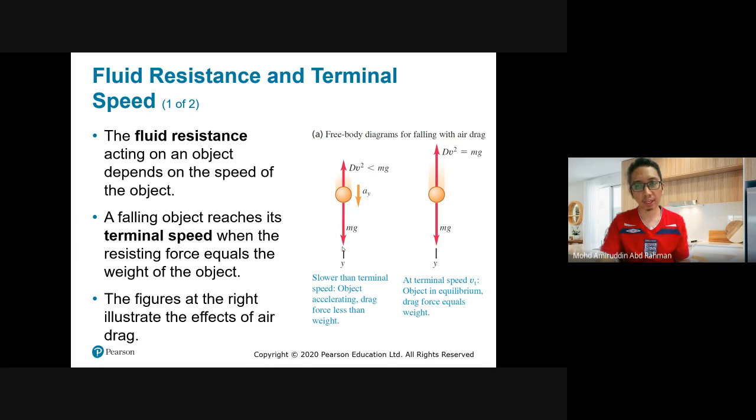So we have that concept right now. Before that, we didn't consider the force when the object is in free fall motion. Now we consider that.